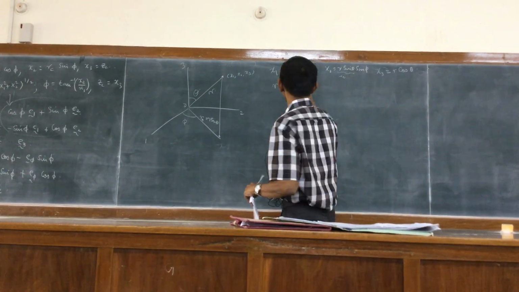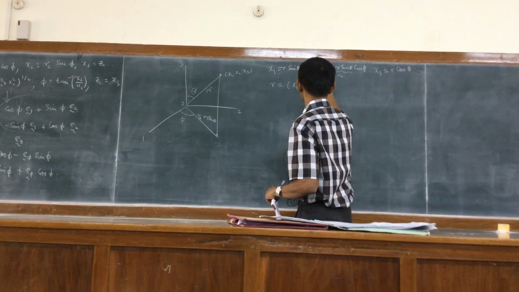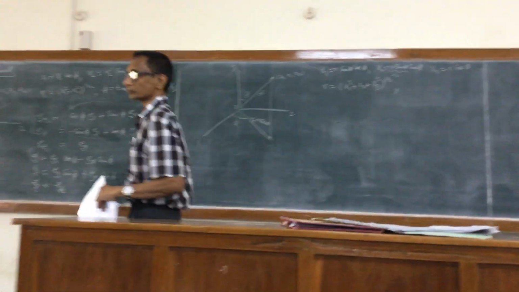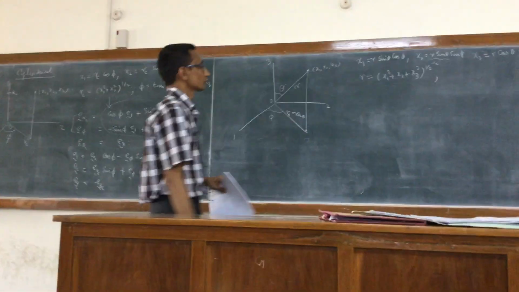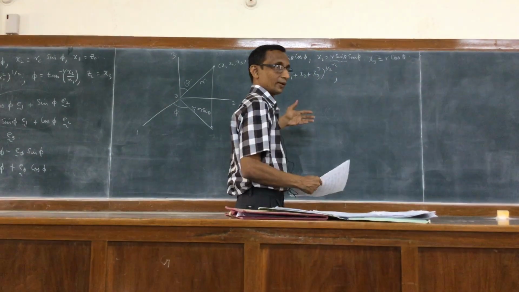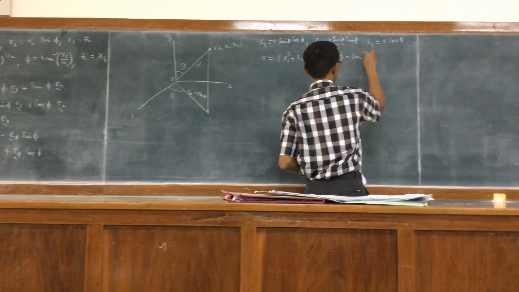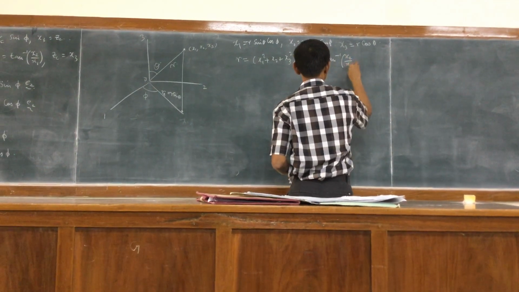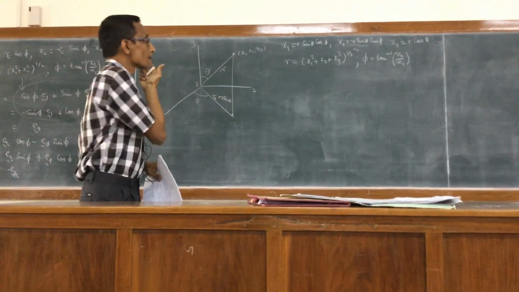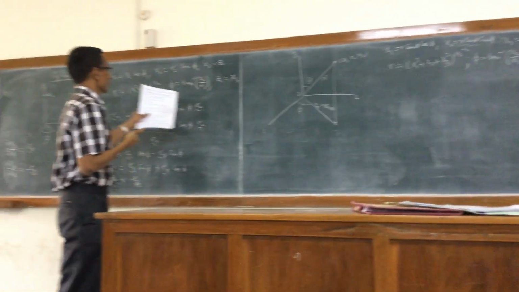So clearly, then the inverse relation can easily be shown: r would be x1 squared plus x2 squared plus x3 squared, to the power half. The phi is the same coordinate. So not surprisingly, that can be expressed simply in terms of x2 by x1, by tan inverse of x2 by x1.